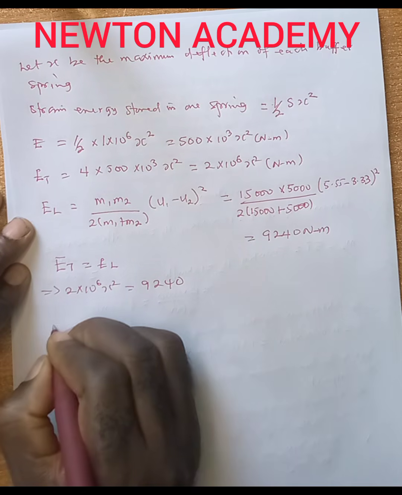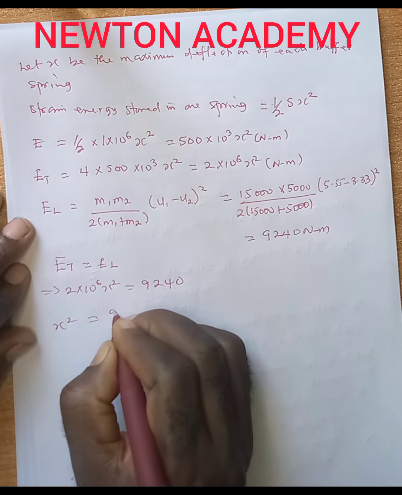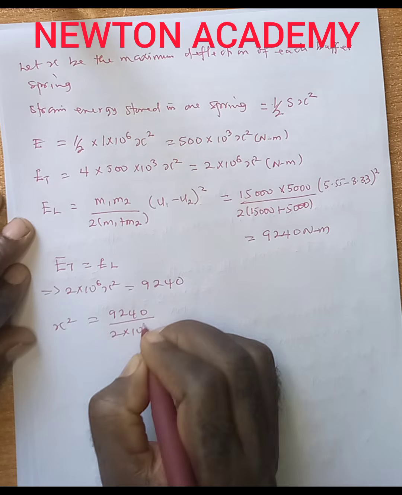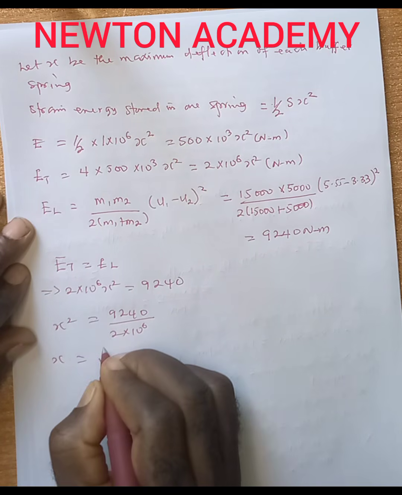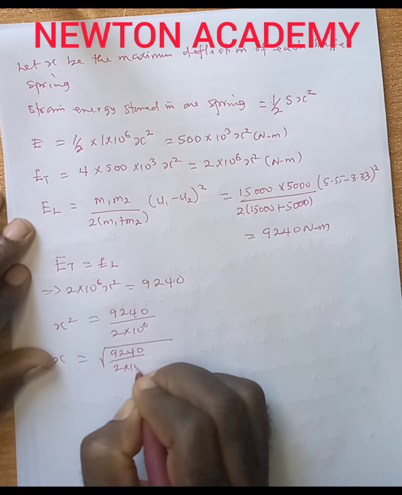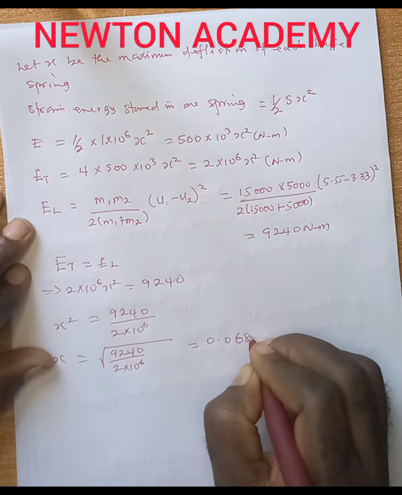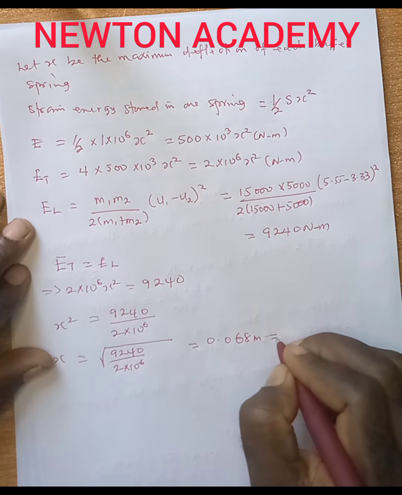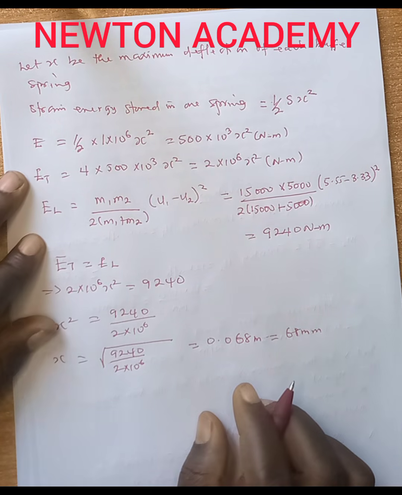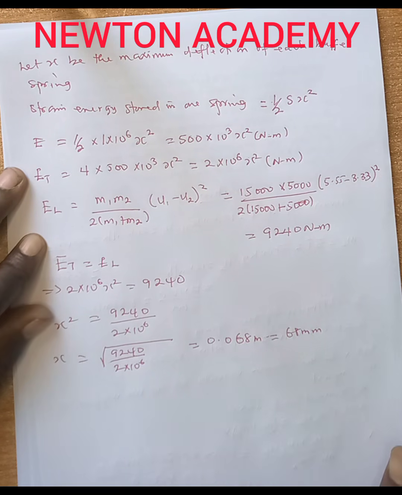Then from here, x squared is equal to 9240 divided by 2 times 10 raised to the power 6. From here, x is equal to the square root of 9240 over 2 times 10 raised to the power 6, and this gives 0.068 meter, which is 68 millimeter.